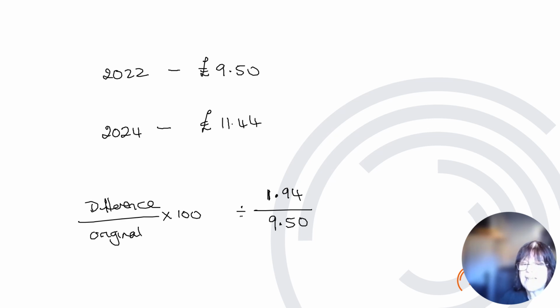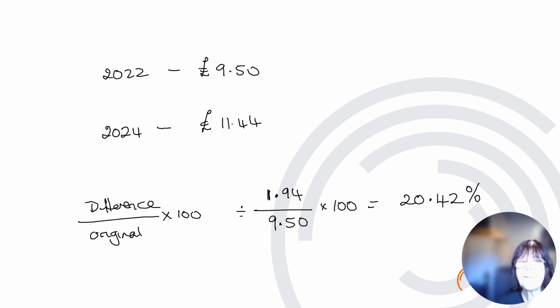Remember this line means out of or divided by, and then times by 100, and to 2 decimal places I've got an increase of 20.42%. So the minimum wage has increased by 20.42%. Well done if you got that correct.